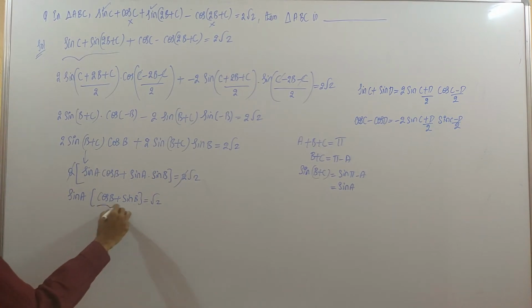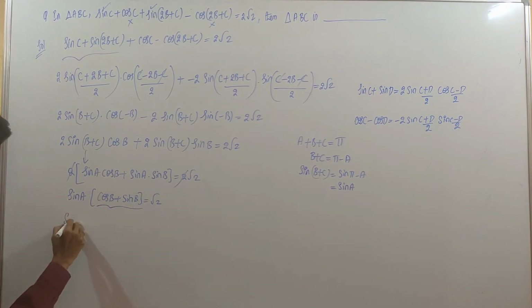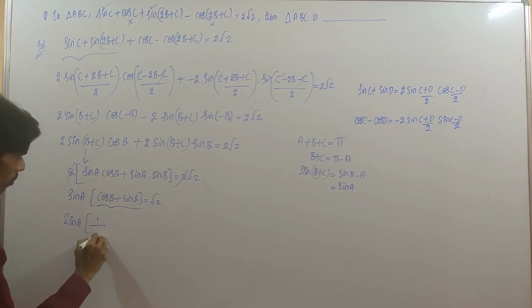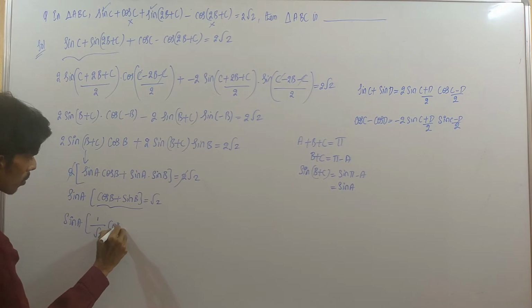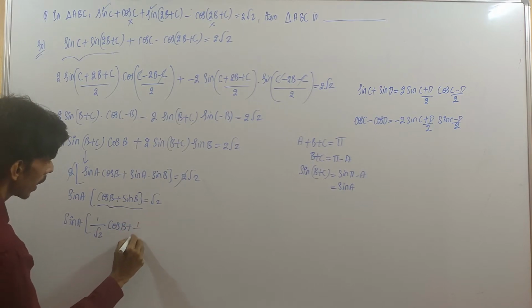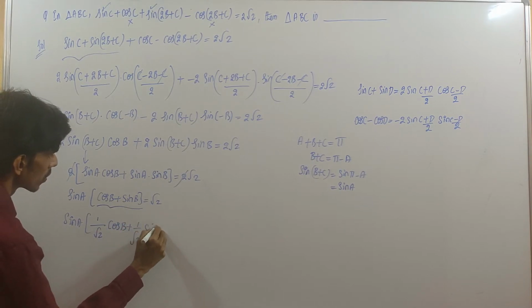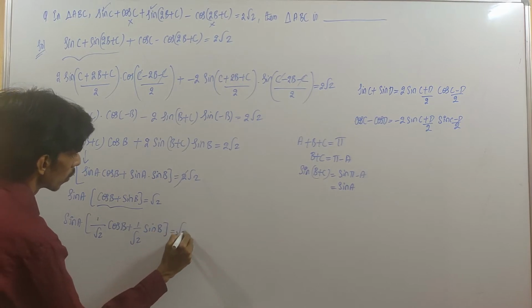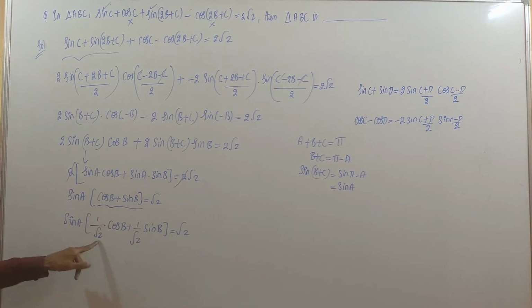Now modify this term. Sine A, write down here (1 by root 2) cos B plus (1 by root 2) sine B is equals to root 2. Here 1 by root 2 is there, so multiply here root 2. This root 2 and this 2 root 2 will get cancelled.